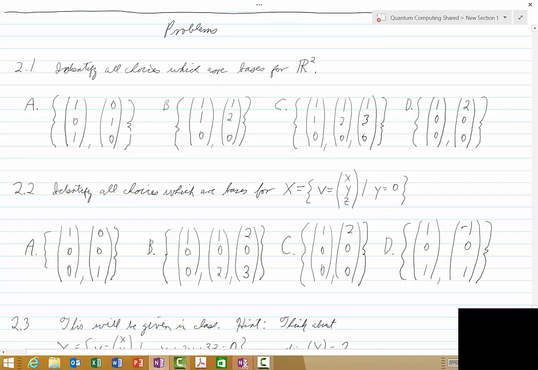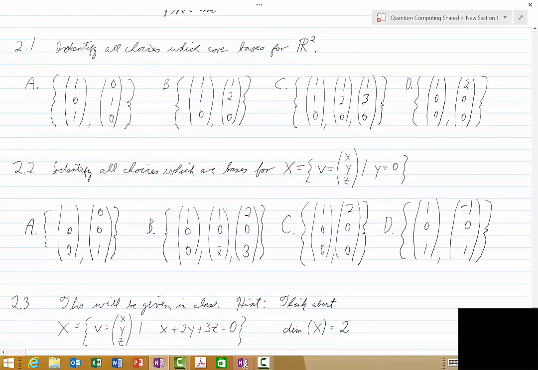Okay, in 2.2, I want you to identify all choices which are bases for X, which is the set of all vectors in R3 that have Y equal to 0. Instead of having Z equal to 0, as was the case up here, we're now looking at the set of all 3-dimensional vectors that have Y equal to 0.